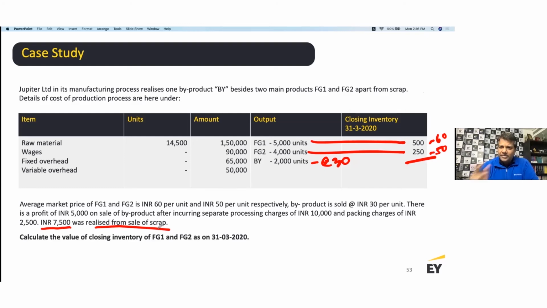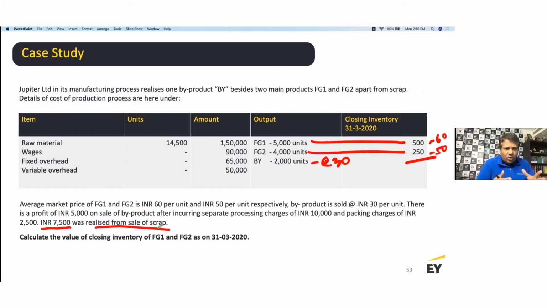Remember the principle we said: if there are byproducts, first we need to reduce the NRV of byproducts from the cost of production, right? And then if I can identify the cost of each of these joint products individually, then I'm going to value it on that basis. If I can't, then I'm going to value it based on relative sales price.